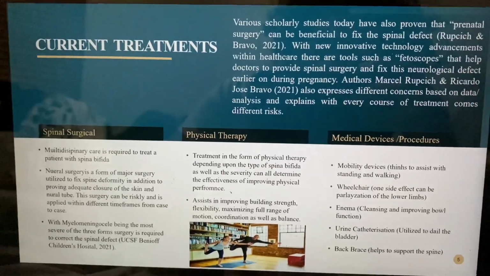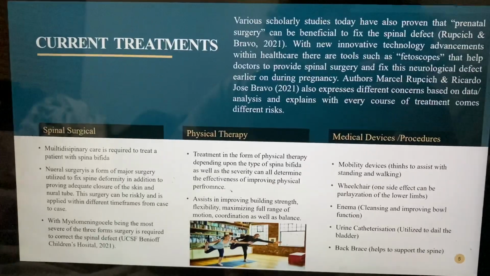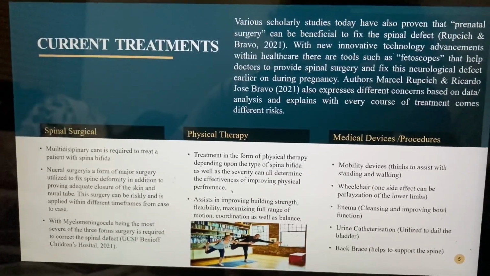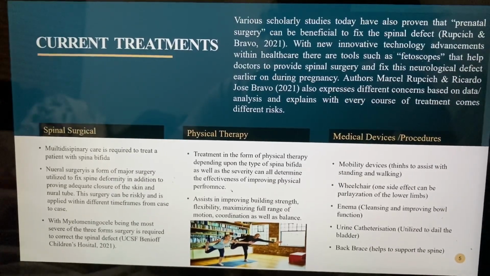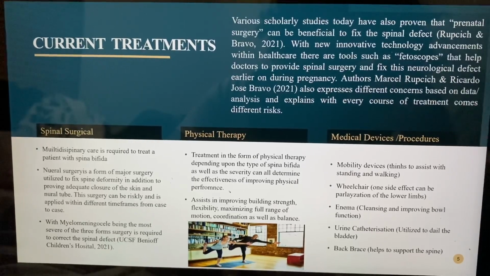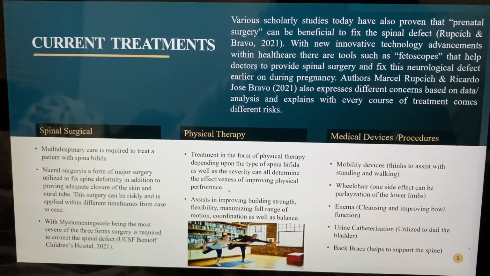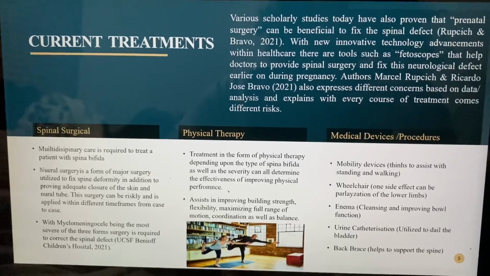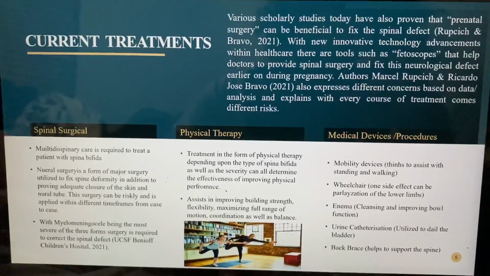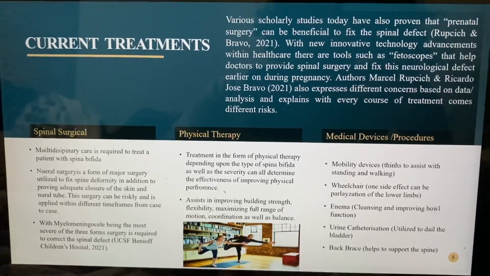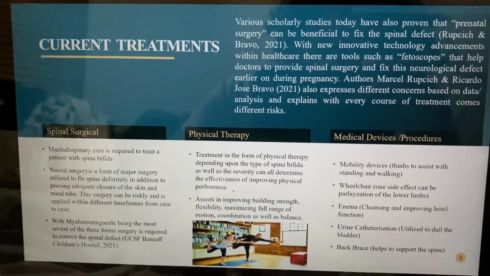Treatments in forms of physical therapy can be helpful, depending on the severity, to determine the effectiveness in improving physical performance. This could help with the ability to strengthen your muscles, flexibility, maximizing full range of motion, conditioning, coordination, and even balance.